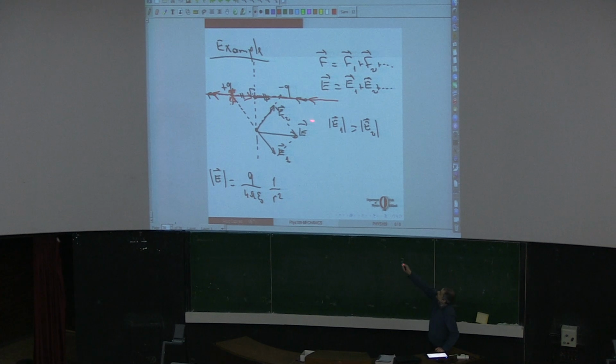What can you say about the electric field lines very close to this minus charge? Zero? Why do you think it's zero? No, infinite is infinite. It's far from zero.